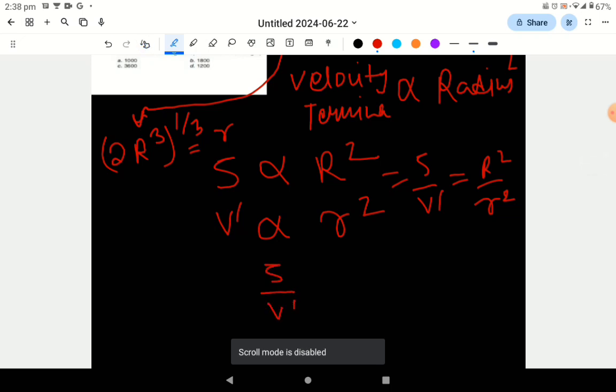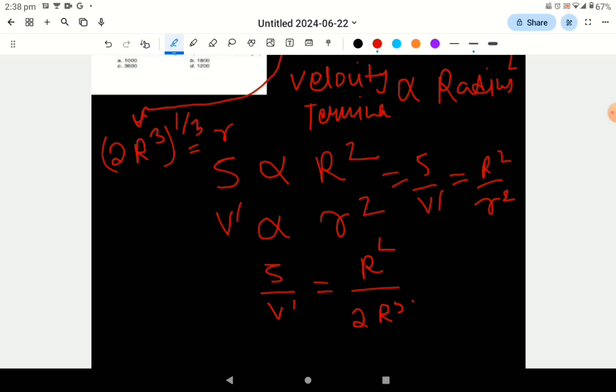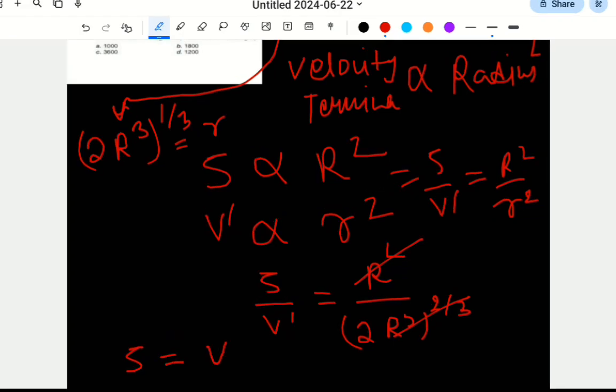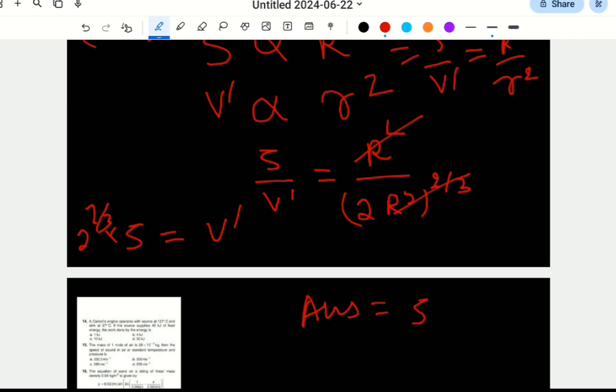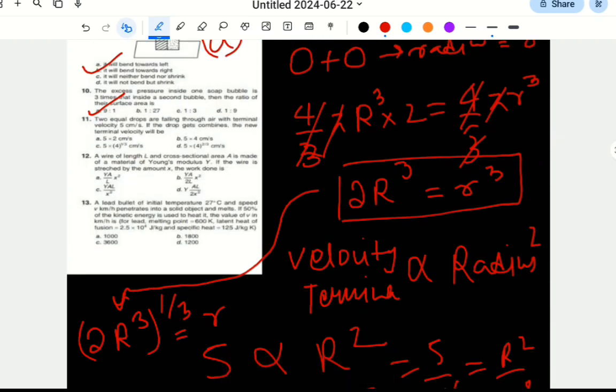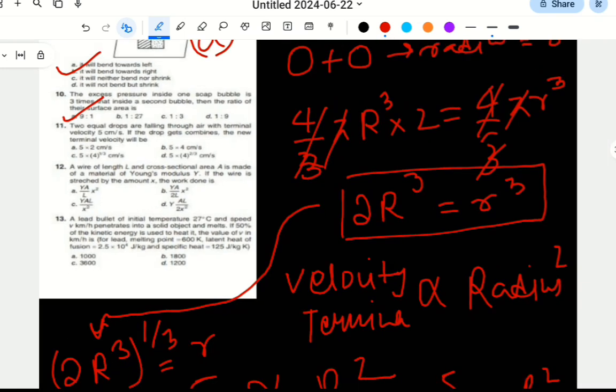It's 5 upon v dash is equal to r square into 2r cube to the power 2 by 3. Okay, so it will be cut, and v dash will be equal to 5 into 2 to the power 2 by 3, which will be equal to 5 into 4 to the power 1 by 3. Let's see which option. Okay, this is option number C. Option number C is correct for this one.